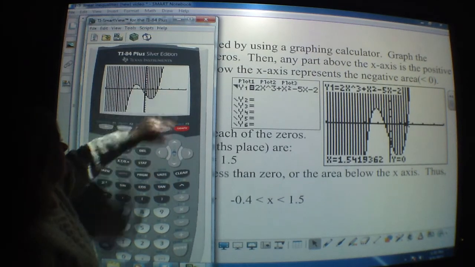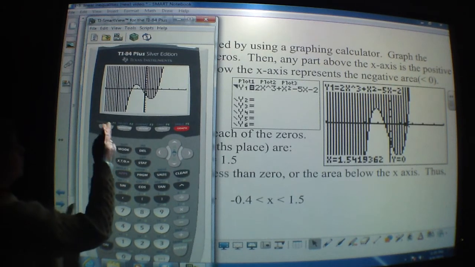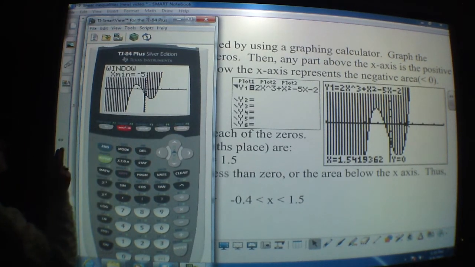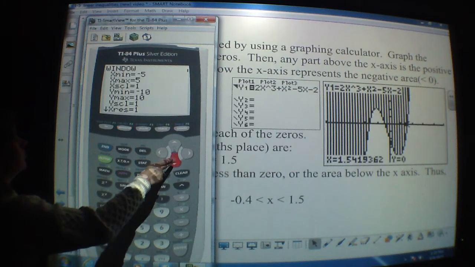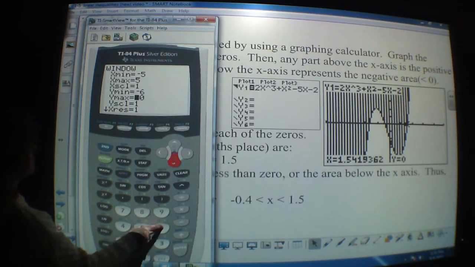Now I'm going to change the y. I'm going to change it to 6 because I'm not sure if 5 will do it. So I'm going to do -6 to +6.